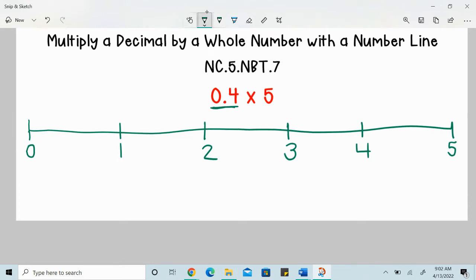So I'm going to split each of these wholes that I have on my number line here into tenths, since I need to find 4/10 of each of these 5 wholes. So I'll split each one into tenths.